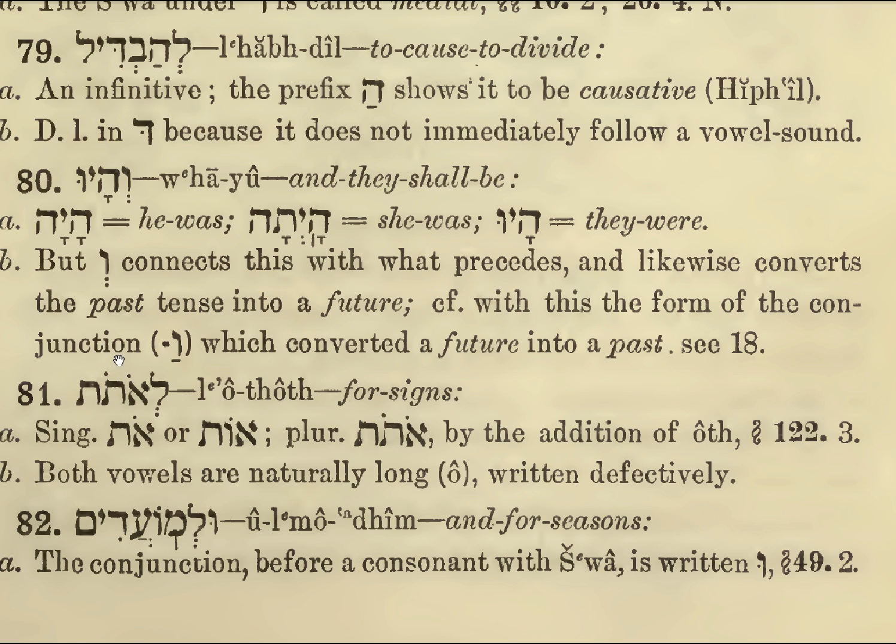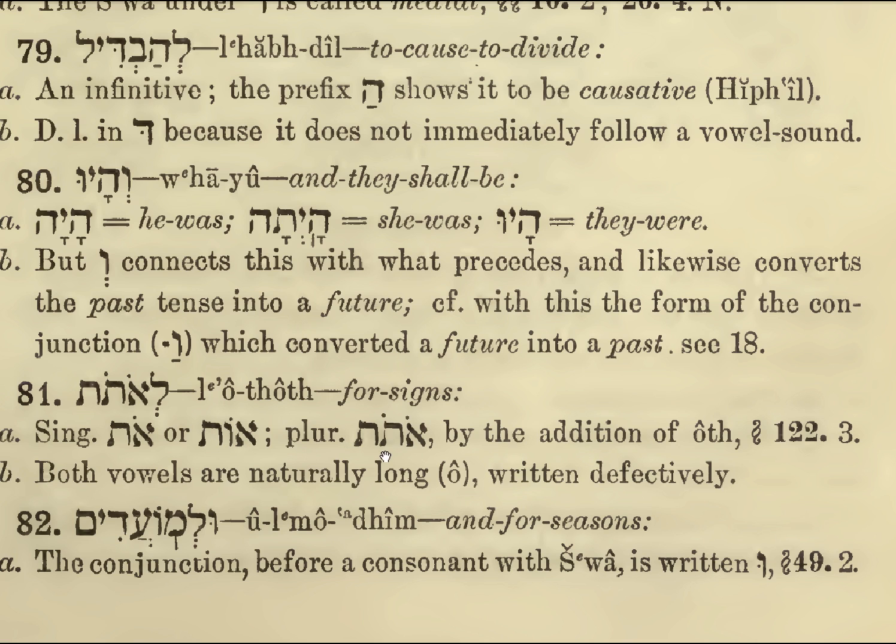Le'otot. Syllable break here because here's our first true vowel. Le'otot. For signs, for markers. The singular ot, or spelt ot with the vav. These are both the same thing. Here the vav's invisible, and here it's visible.